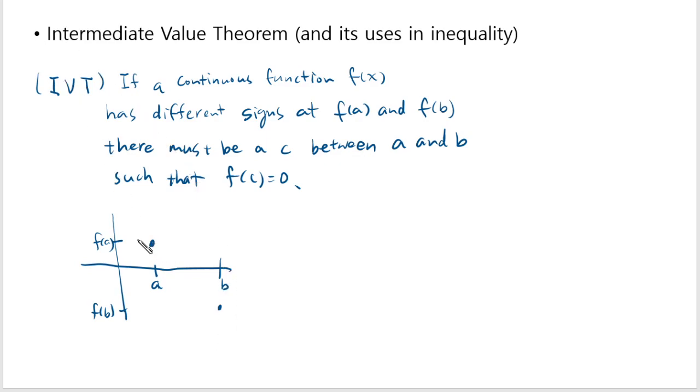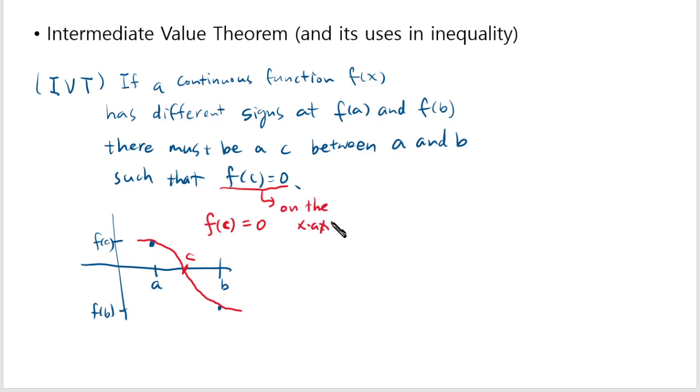Well, the graph must be passing through these two points. So there must be a point c, I don't know where it is, but it has to happen between a and b, that f of c is 0, because when you have a function value equal to 0, it means that it's right on the x-axis. Any point on the x-axis has y value 0. So when you see this, you should really think of this as meaning on the x-axis.